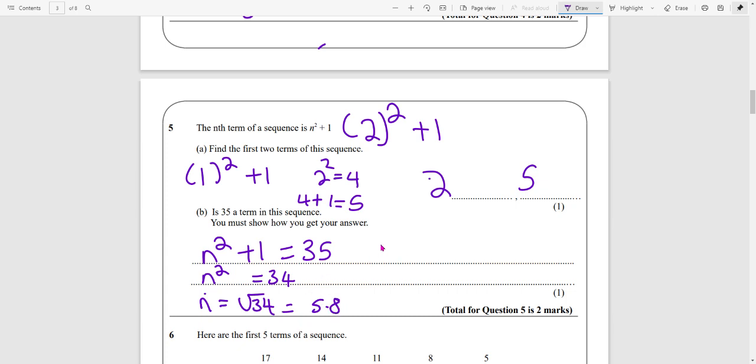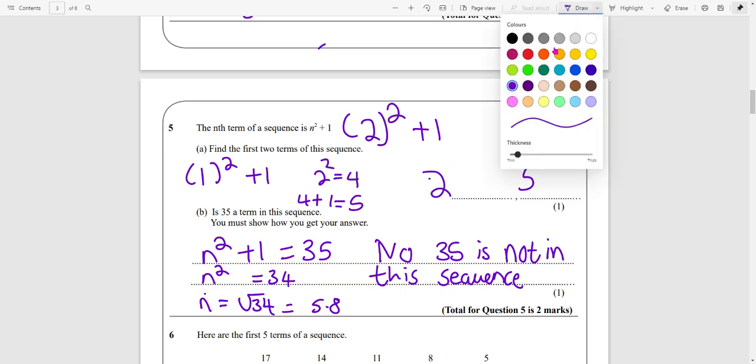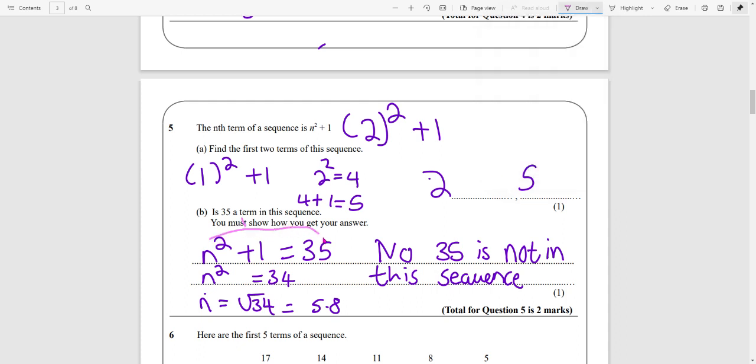So in this scenario, we can say no, 35 is not in this sequence. And this working out will be your evidence. So this will be your 1 mark, and this will be your 1 mark.